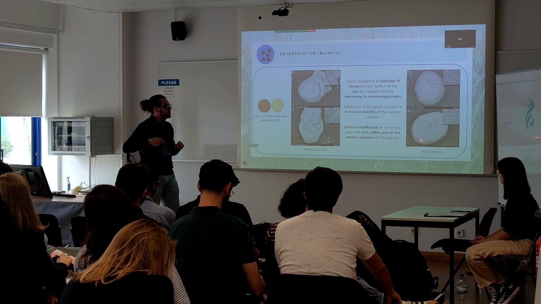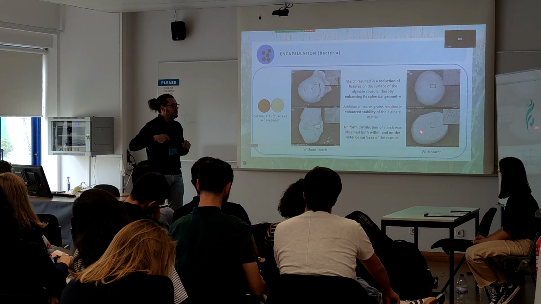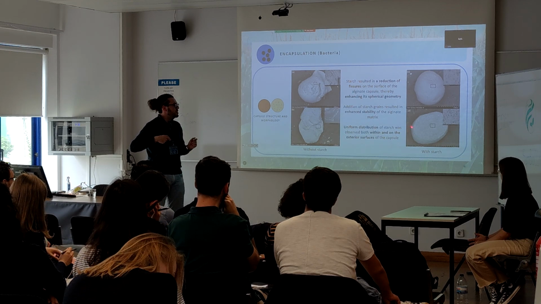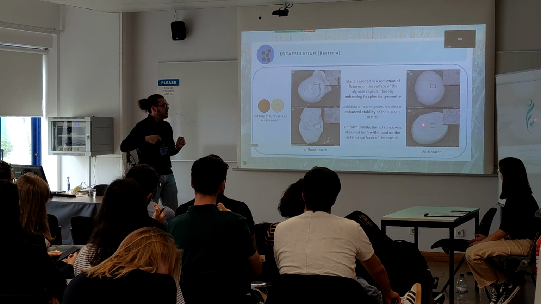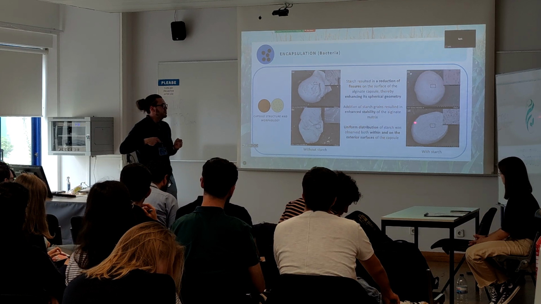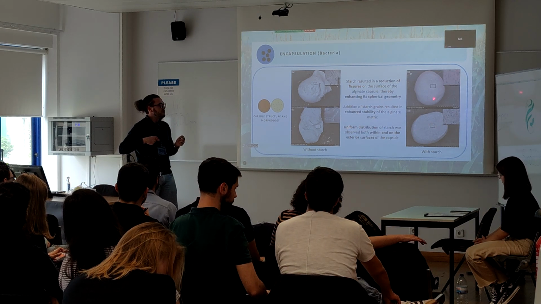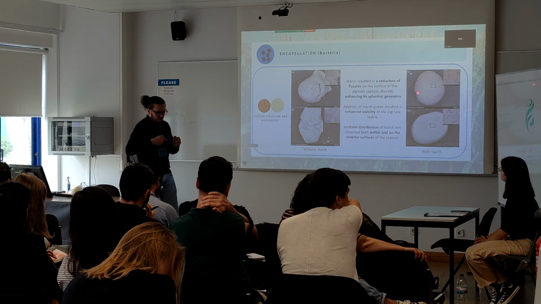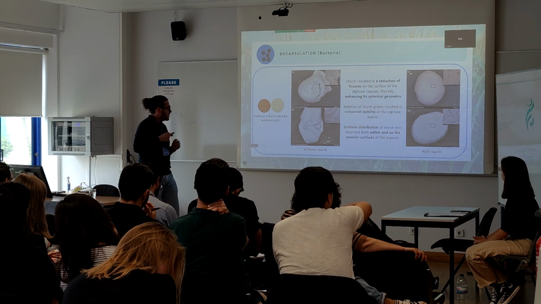But with the supplement of starch, the starch filled the pores of the alginate and increased the resistance, and also we can see the uniform distribution of the starch in the surface and also in the inside of the capsule. Okay.